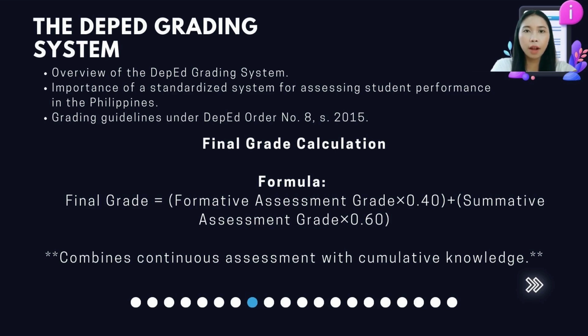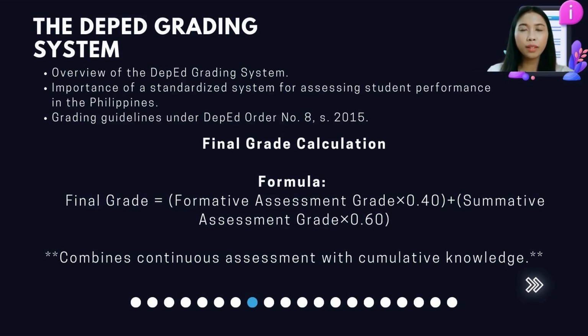Under the satisfactory, the student meets expectations but with notable areas of improvement. Under the fairly satisfactory, the student shows minimal mastery of the subject matter and additional effort is needed. And lastly, did not meet expectations. The student fails to meet the learning objectives of the course.